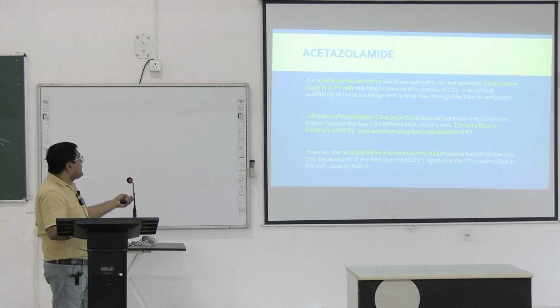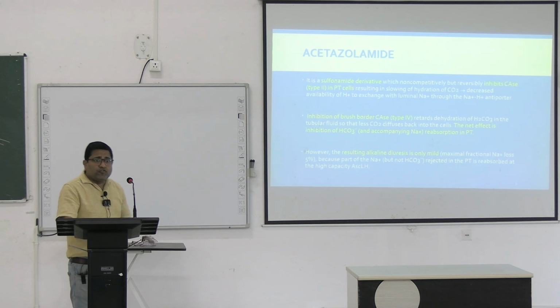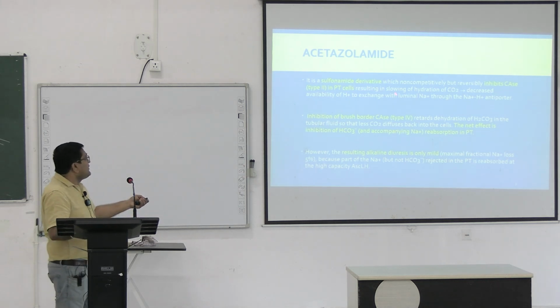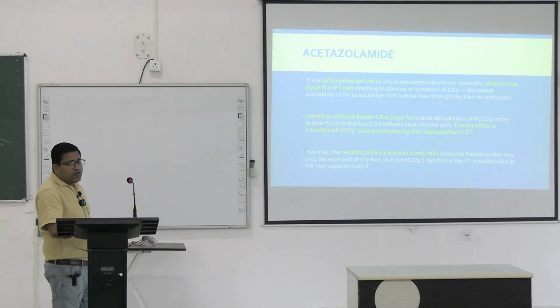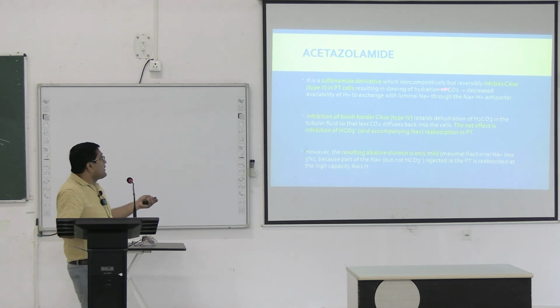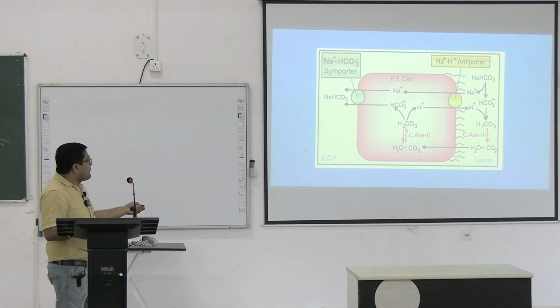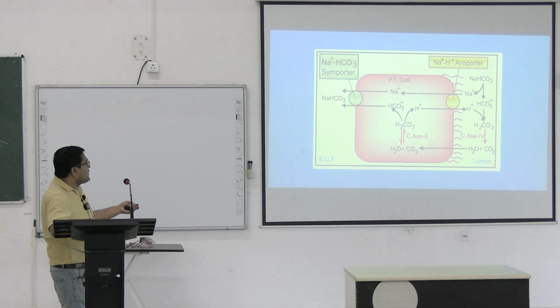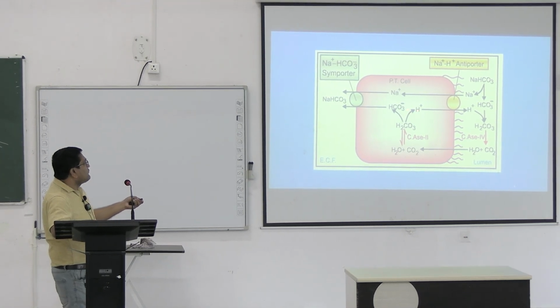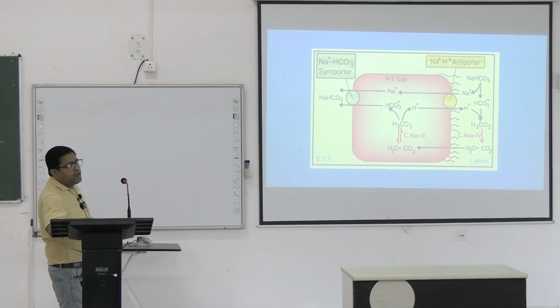Now they inhibit the type 2 isoform of the carbonic anhydrase enzyme in the proximal tubular cell, resulting in slowing of hydration of carbon dioxide to form carbonic acid. Now you see, carbonic anhydrase 2 isoform in the proximal tubular cell results in the hydration of carbon dioxide to H2CO3, resulting in the formation of hydrogen ion and bicarbonate ion.